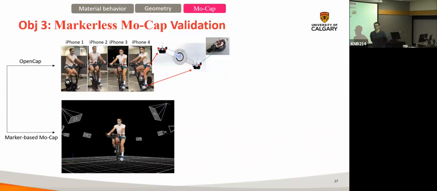So if you want to study kinetics, you have to provide external forces to OpenCap. You cannot predict. For some activities like gait and jump, they can approximate it without a force plate. They have some models from previous studies, so based on body weight and height, it predicts an approximation. But for cycling, they don't have that model.